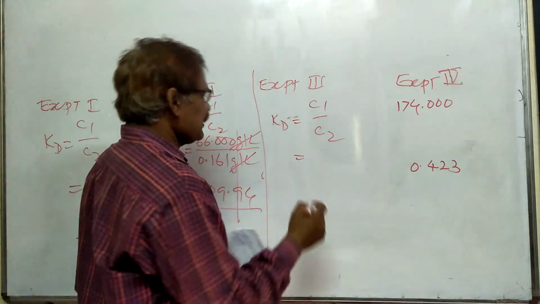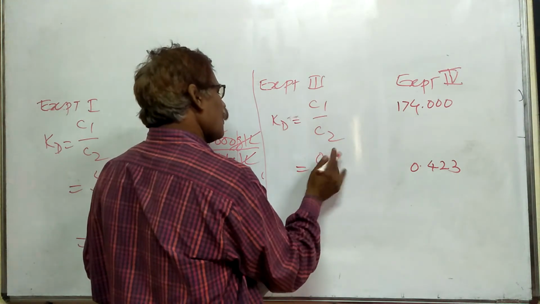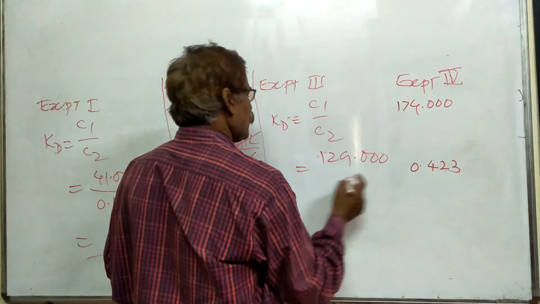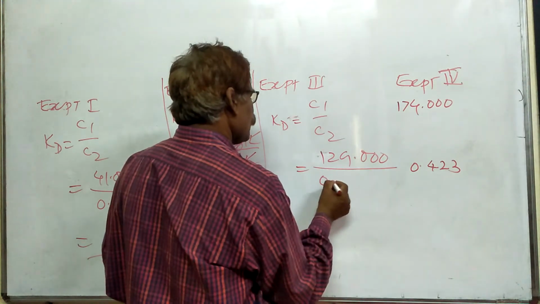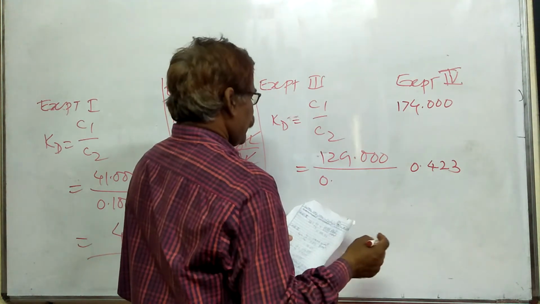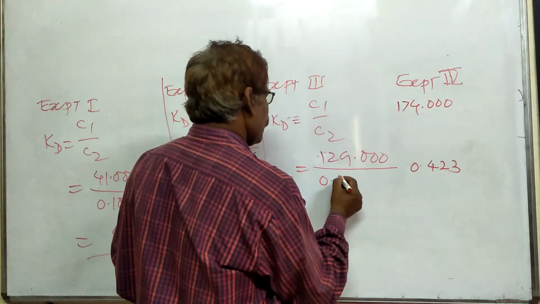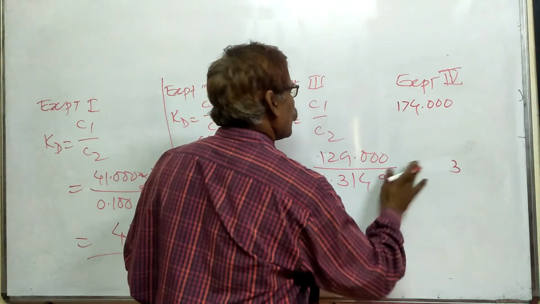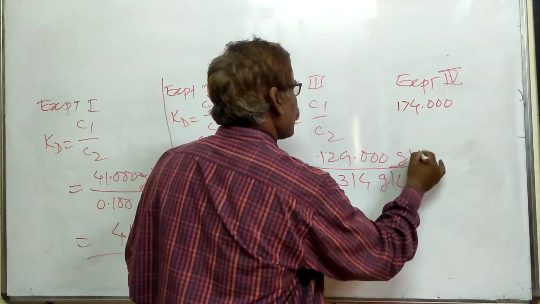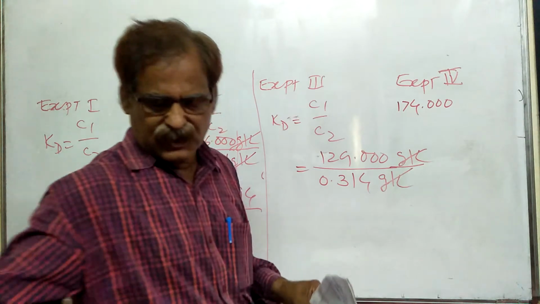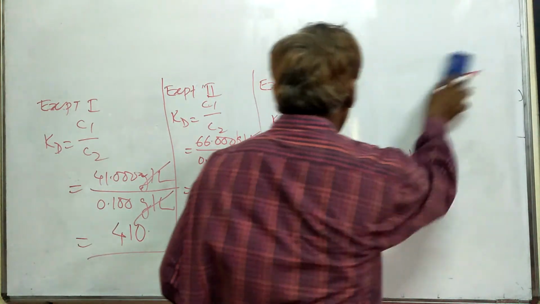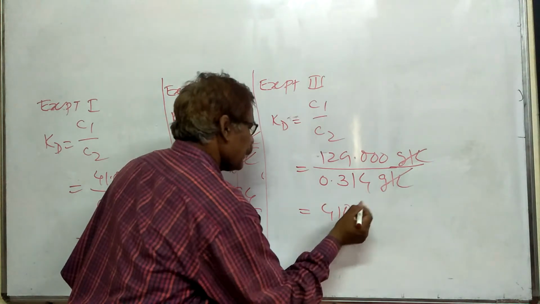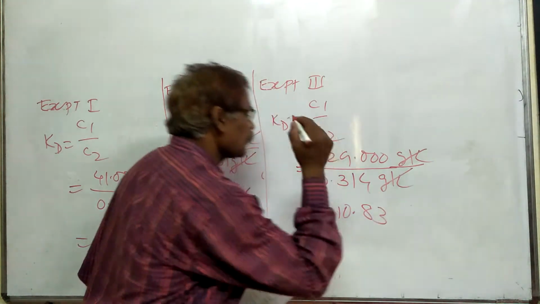Here C1 is equal to 129.00, and the concentration of iodine in water is 0.314 grams per liter. Grams per liter cancels, and we get 410.83.